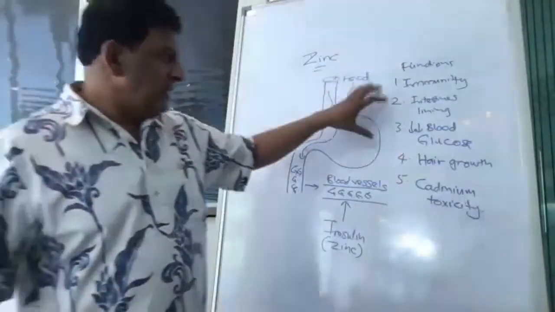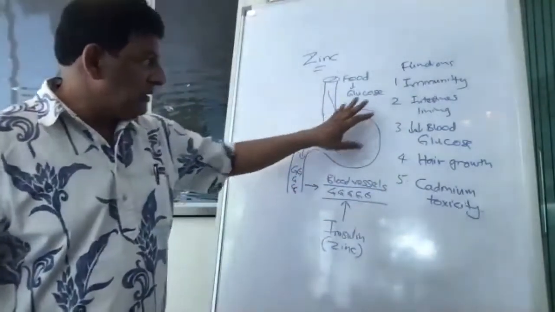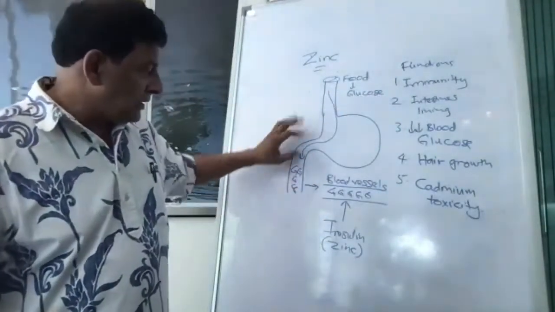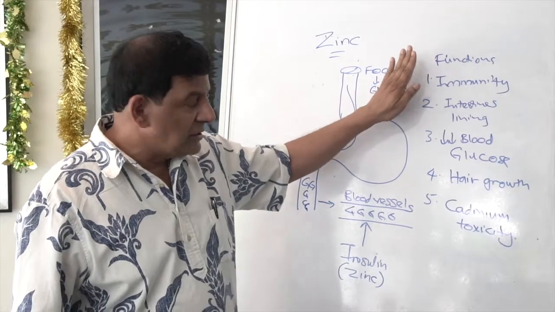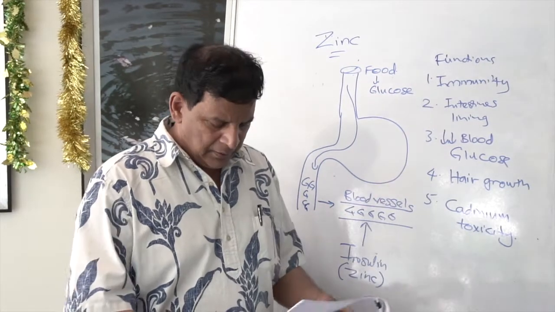So when we are seeing a zinc deficiency, not necessarily that is the only part. This is how I see a diabetic. But when you're finding the zinc deficiency, these are the factors that you have to look at, right?